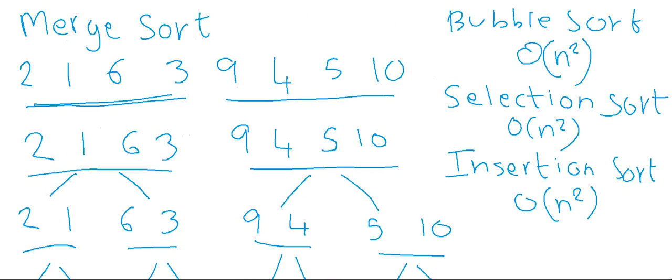If you look at this algorithm, what we did, if I have n elements here, I divided it into n by 2, n by 2. Then I again divided it into n by 4, n by 4, n by 4, n by 4.